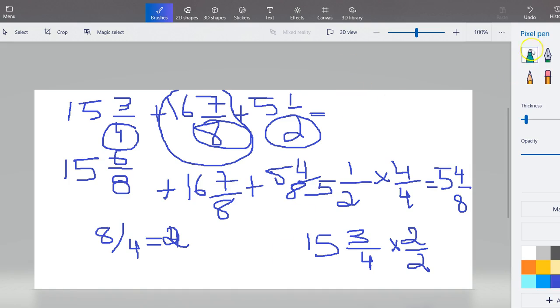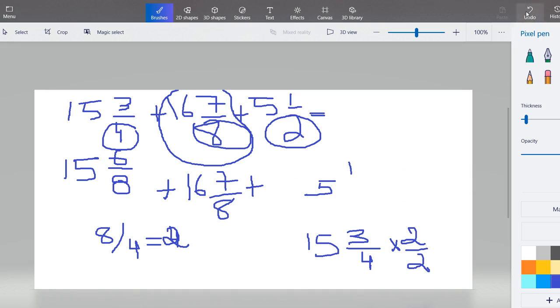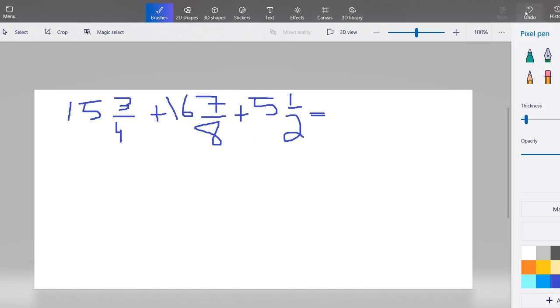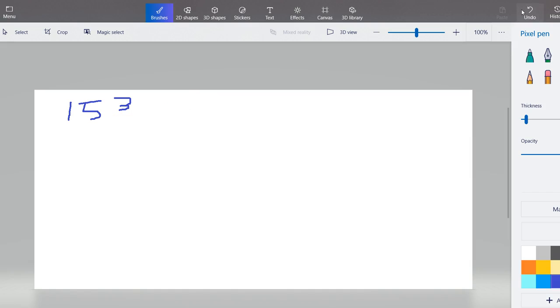But this is a mess, so I'm going to clean up a little bit so we can see. I wish it was easier to delete, but it does take a little bit. I apologize. All right, very well.